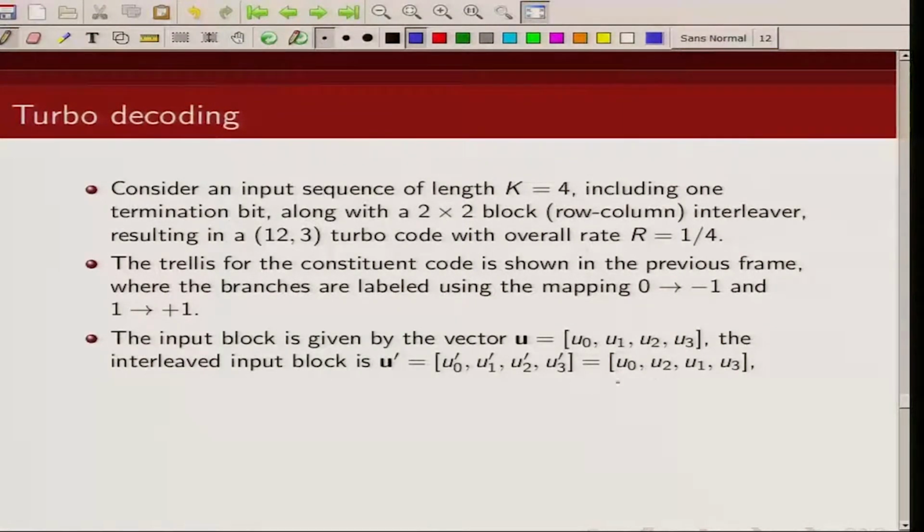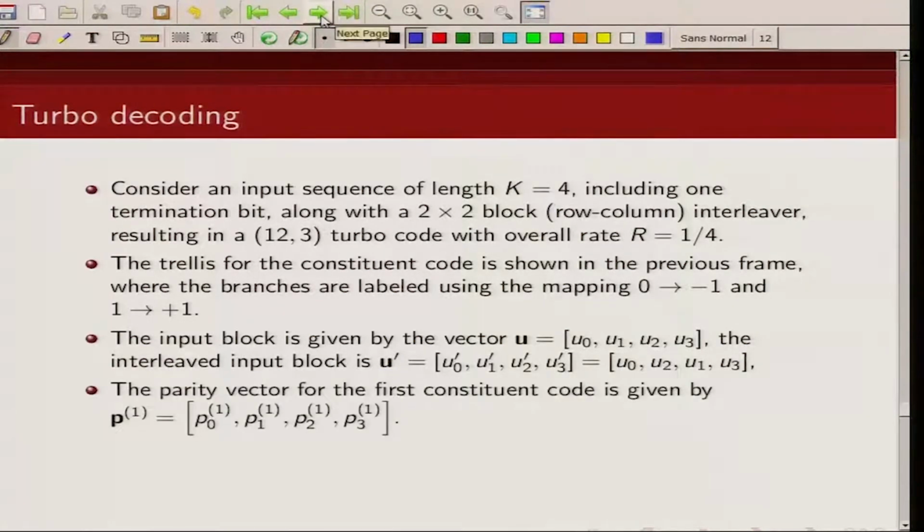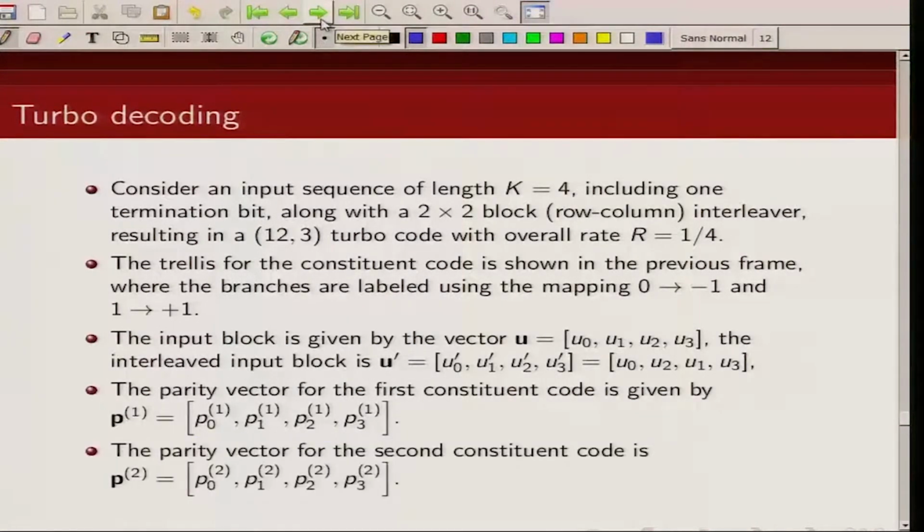If this is my input block, the interleaved block is given by u hat, and the corresponding parity for the first encoder is given by this, and the parity due to the second encoder is given by this. I use the notation P1 to denote the parity coming from the first encoder, P2 to denote the parity coming from the second encoder. U is my information sequence, and U hat is the interleaved version of the information sequence which has been fed to encoder 2.